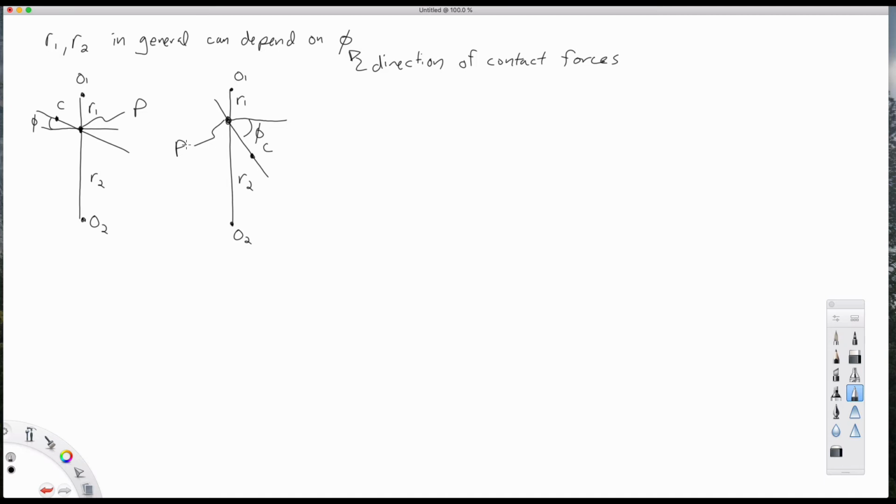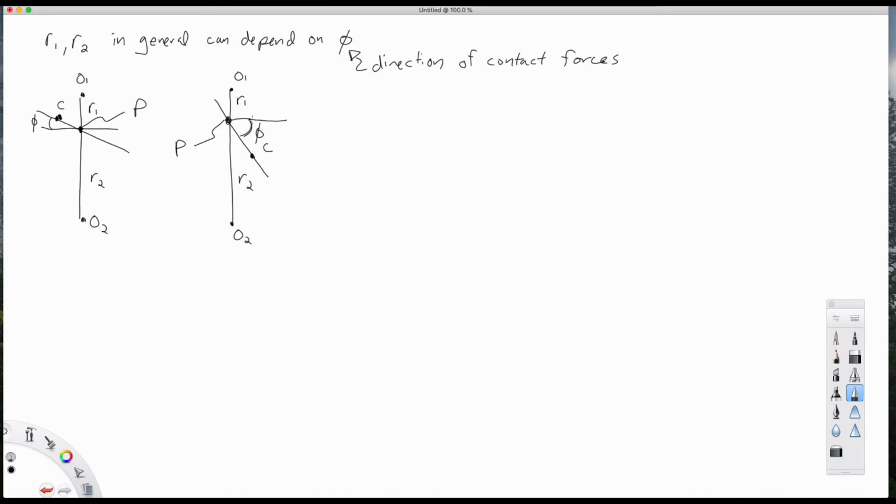In the state depicted in the left-hand drawing, the contact point right here is on the left-hand side of the center line, and we can see that the pressure angle in that case is quite a bit smaller than the pressure angle in the case on the right-hand side.